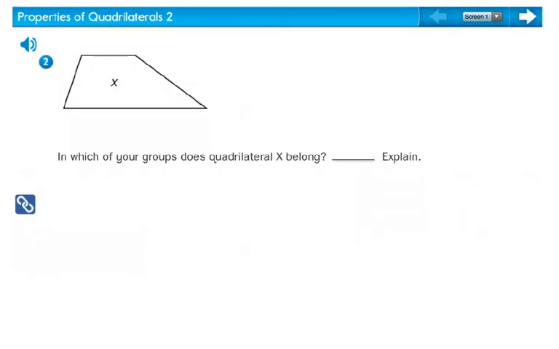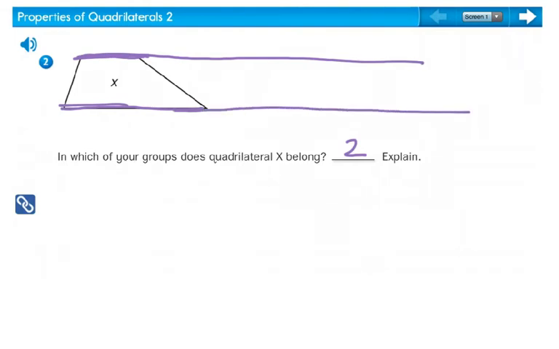Number 2, in which of your groups does quadrilateral X belong? It belongs in group 2. It has one pair of parallel sides. The top and the bottom, if you extended those, they would never cross, just like a pair of railroad tracks.